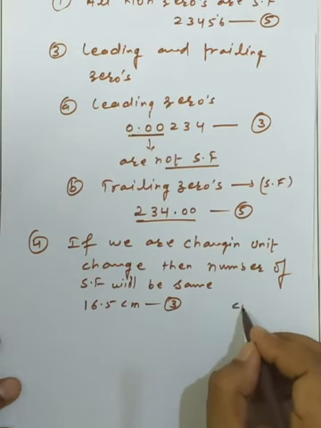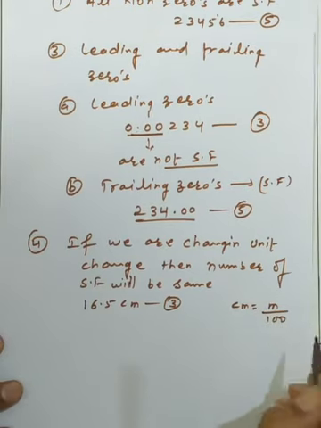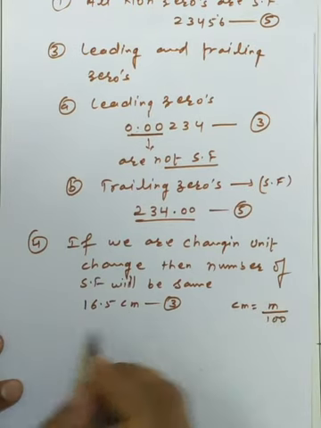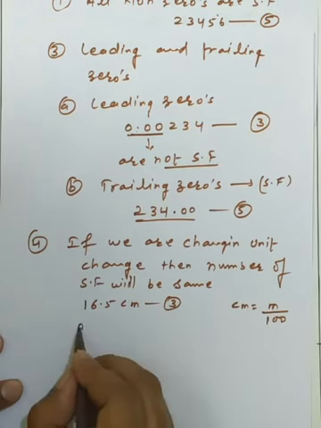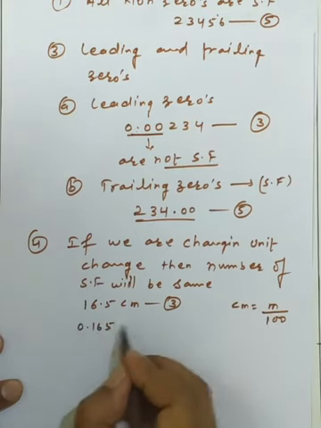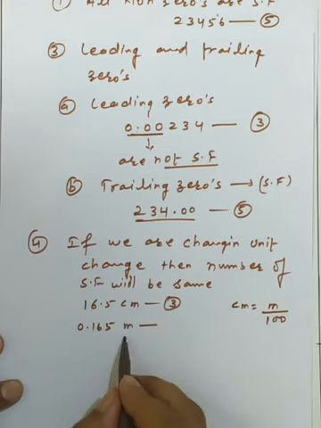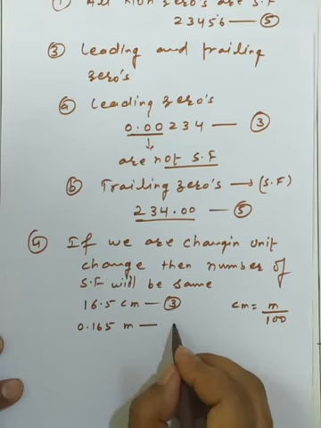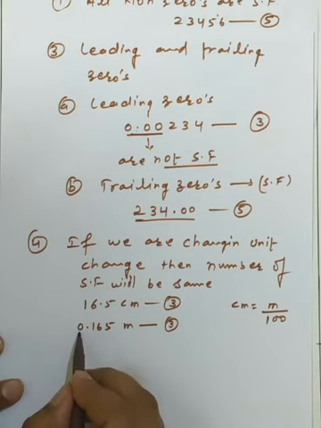You will divide the number by 100, so we write 0.165 meter. Now how many SF do you have? You will say only 3, because after the decimal we have the non-zero digits 165, and the first zero is a leading zero, and we are not counting the leading zero in the SF.